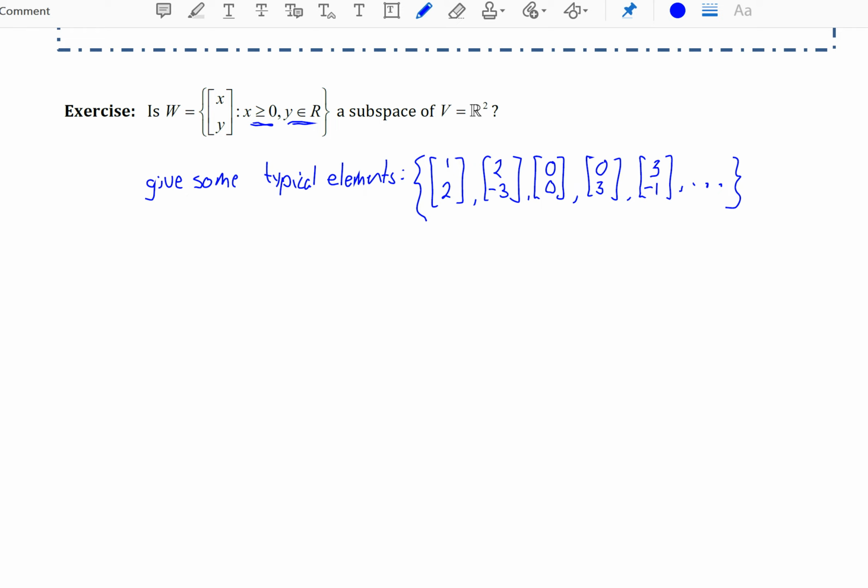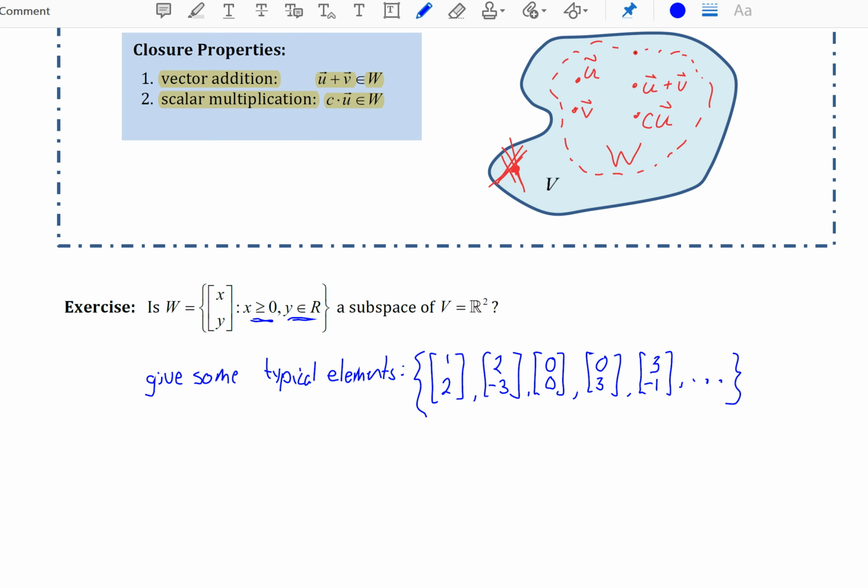Now, what you're required to show me is either this is a subspace, or show me why it's not a subspace. In which case, you need to show me that it satisfies vector addition and scalar multiplication.